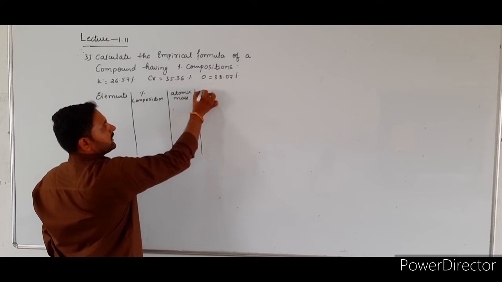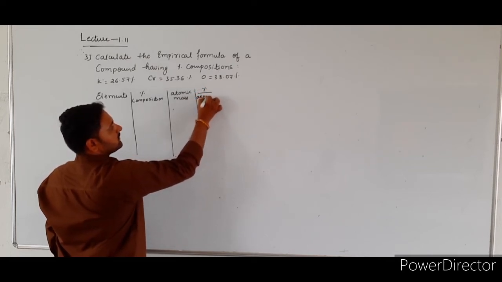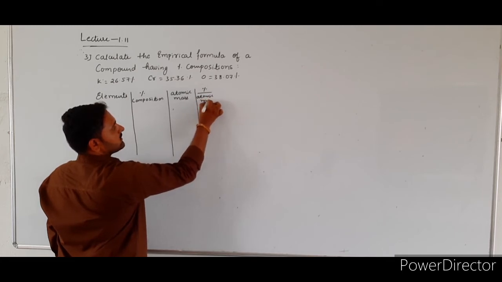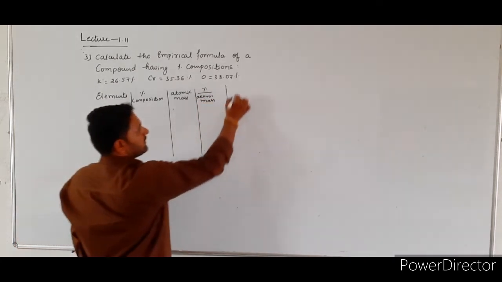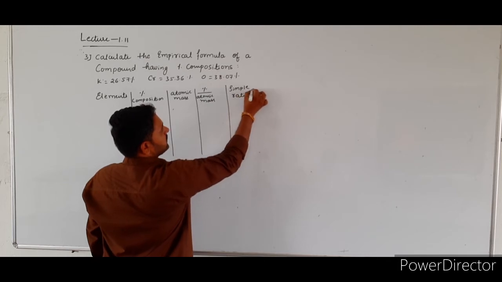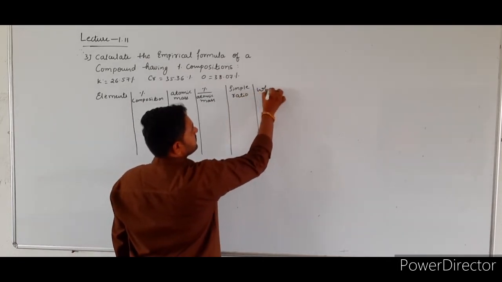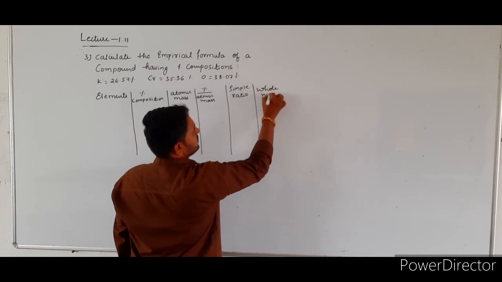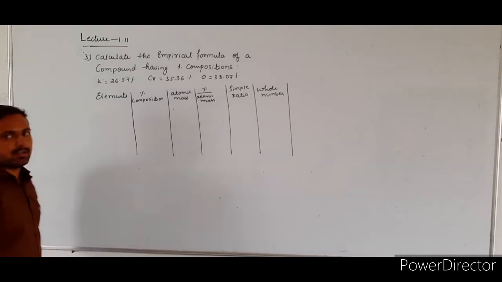Atomic ratio is equal to percentage divided by atomic mass. Next, in the next column you write simple ratio. Next, you write whole numbers. This is the tabular column.